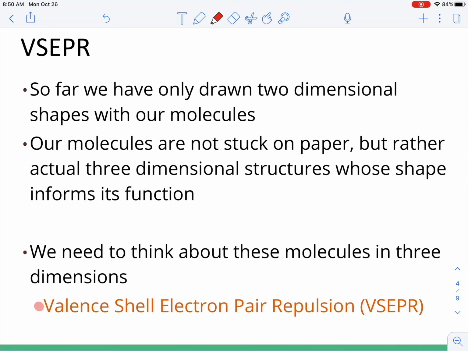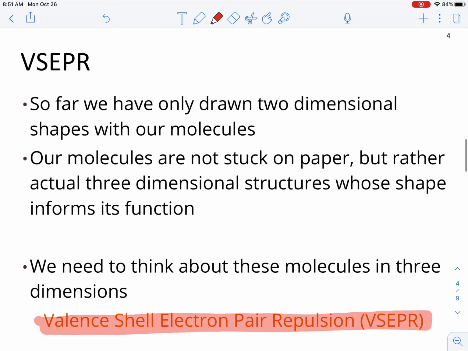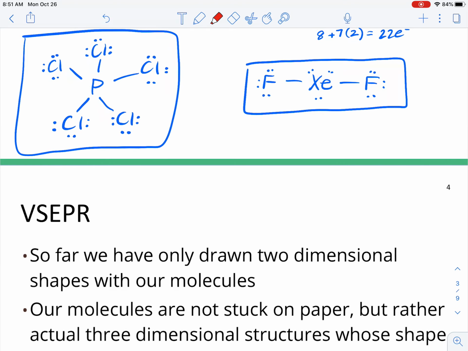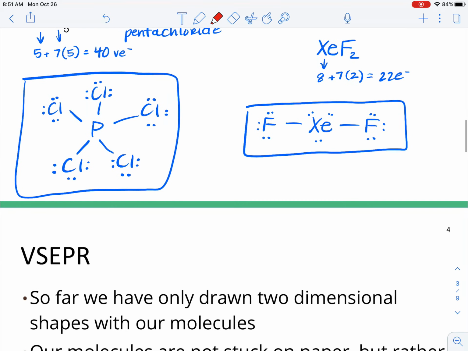So VSEPR actually stands for valence shell electron pair repulsion. All right, so that sounds like a really fancy way of basically saying electrons repel each other. So when we draw our structures, again, two-dimensional shapes, in 3D, let's take a look at, for example, the molecule on the left-hand side. It's not going to be this star shape over here, and be totally flat.